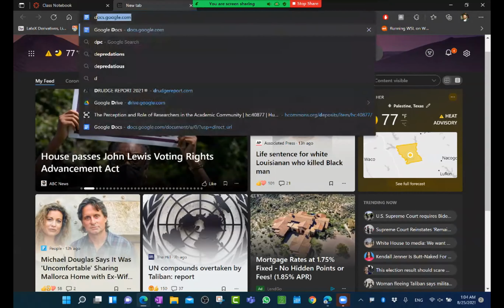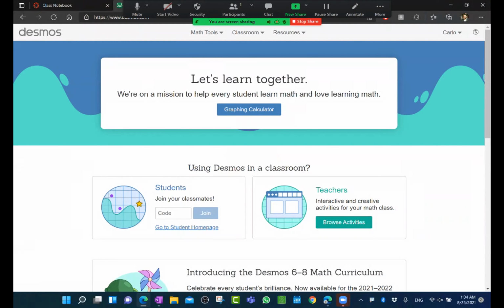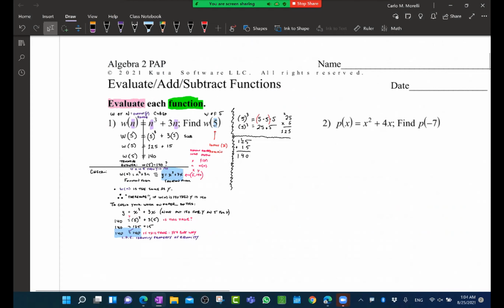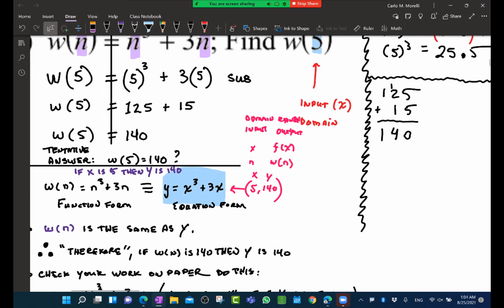Let me go to desmos.com and launch a graphing calculator. All right, and now what I'm going to do is type in this equation: y equals x cubed plus 3x.